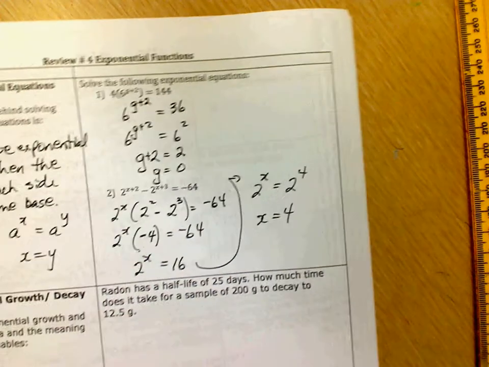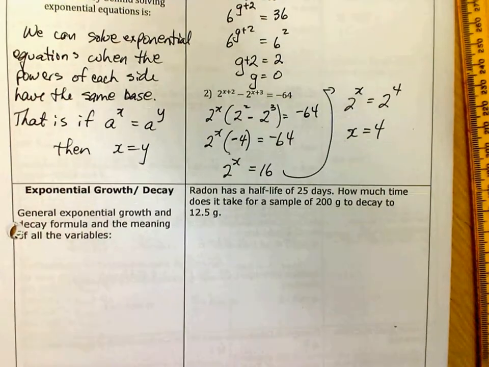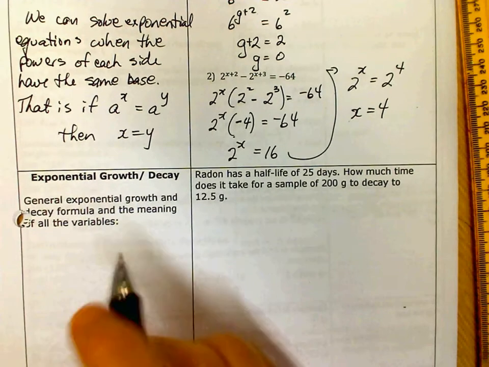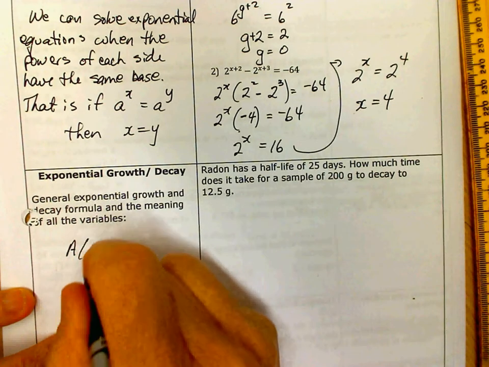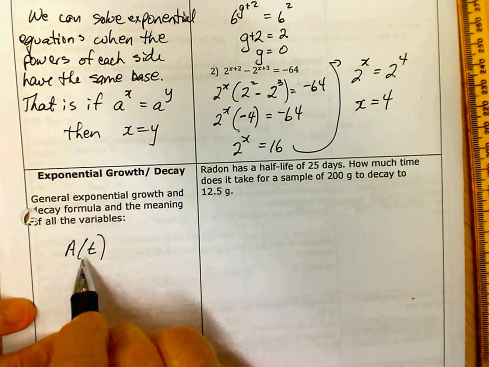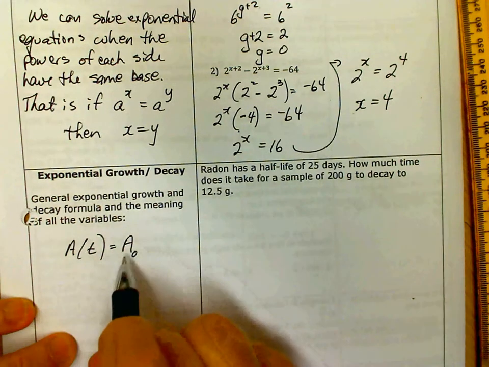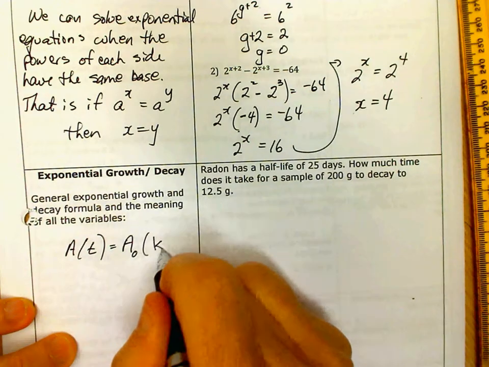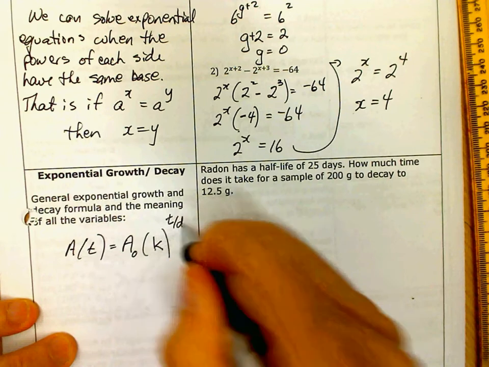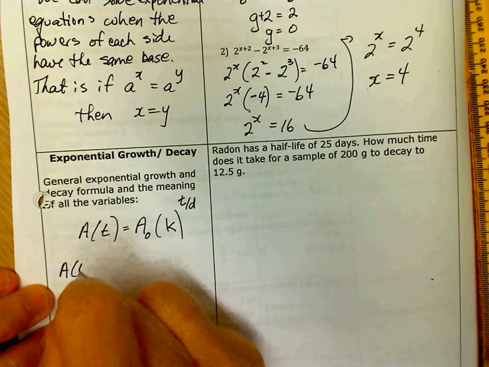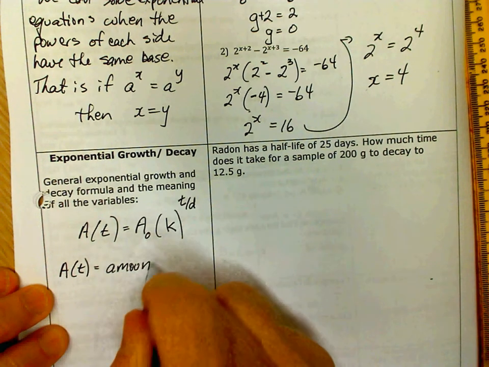And then we had application questions involving exponential functions. So remember, the basic form of an exponential function is A at some time t equals the original amount, some future amount equals the original amount times k, we'll talk about what k is, to the t over d. So A at t is some amount at time t.